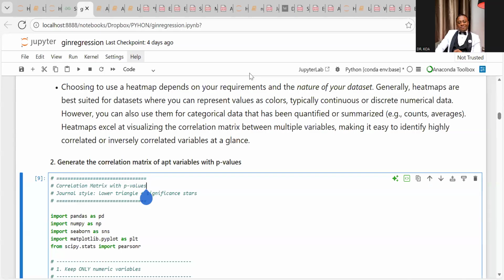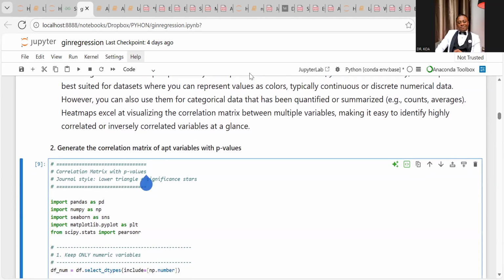The correlation we are generating is only for the numerical variables. Take note. You won't get that for categorical variables, dummy variables. Go and find out why you don't need the correlation for dummies.